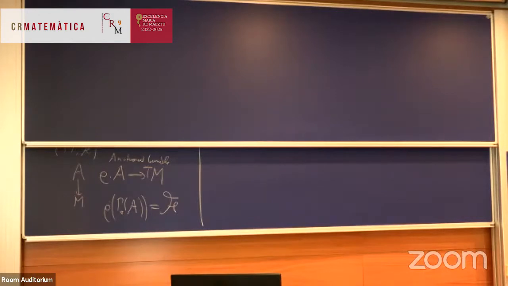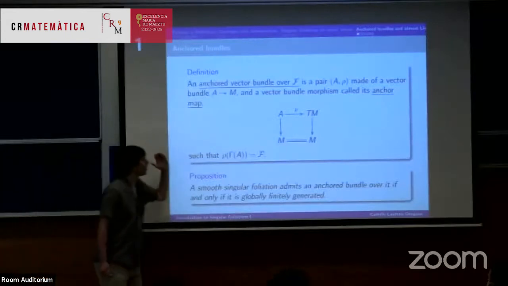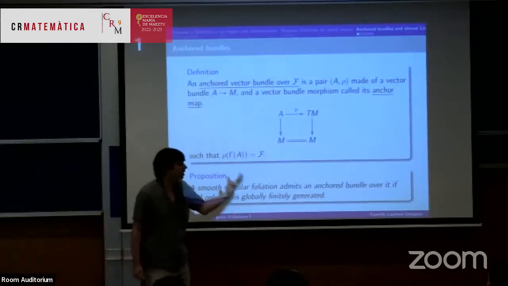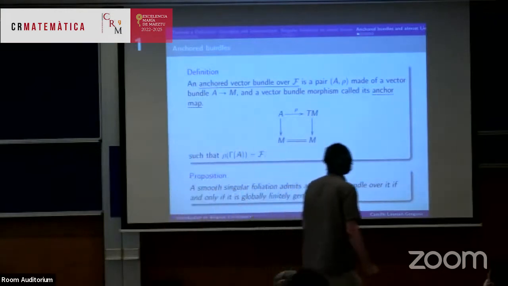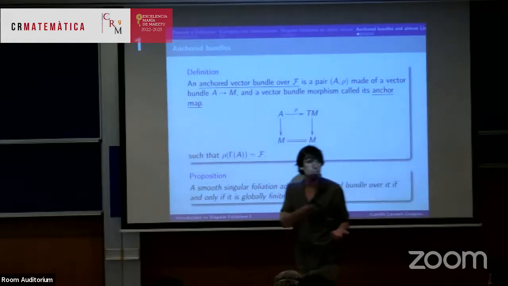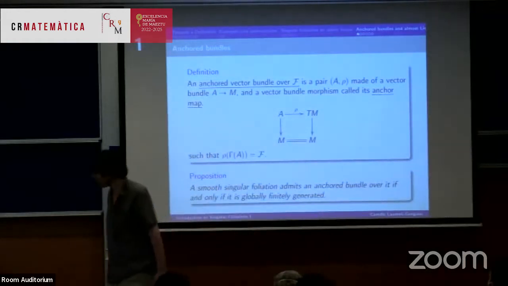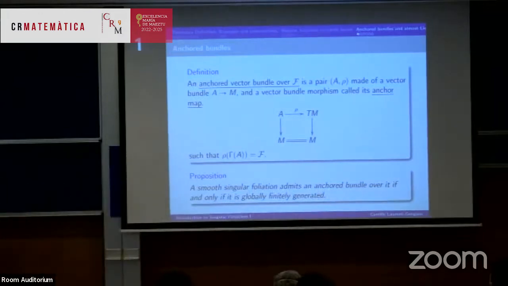So if it's locally finitely generated but not globally finitely generated, the answer is no. But at least in the smooth case, that's the only problem we can have. And in the holomorphic case, it always exists locally. So any smooth singular foliation admits an anchored bundle over it, at least if it is globally finitely generated. So if I have global generators, then locally it always exists in particular.